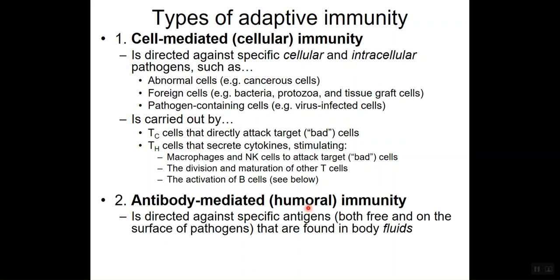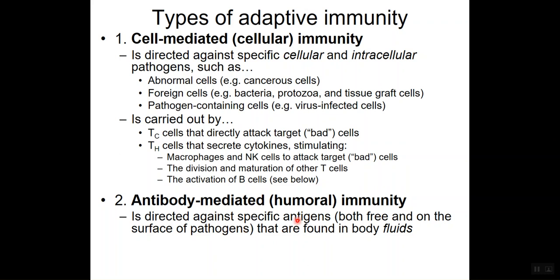Now remember, humor, like think aqueous humor, vitreous humor, it means fluid. So we tend to have antibodies in our body fluids such as blood plasma and saliva and sometimes mucus and breast milk and tears, just to name a few.